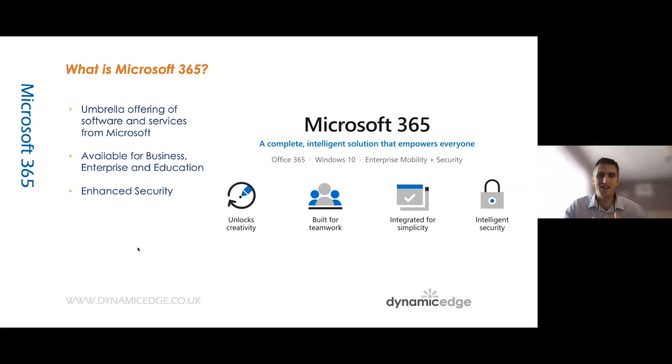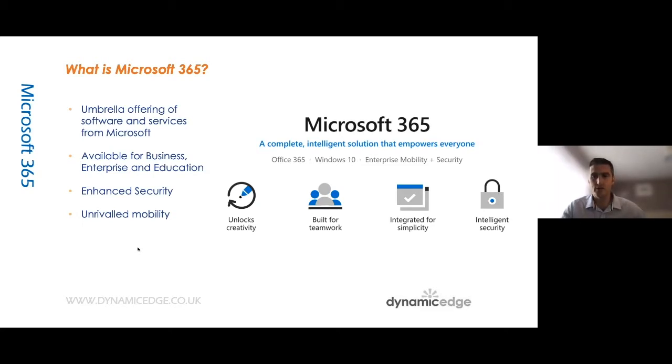It involves enhanced security. It's so important in this day and age that we make sure that everything that we do we keep our data protected, we keep our employees protected, we keep our businesses protected. So there's the enhanced security features that Microsoft 365 includes. Unrivaled mobility. Over the last 4, 5, 6 months, we've relied heavily on mobility.